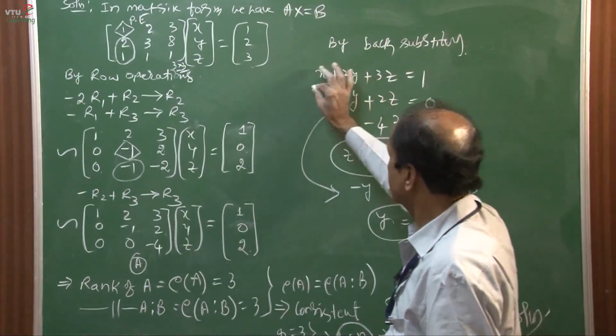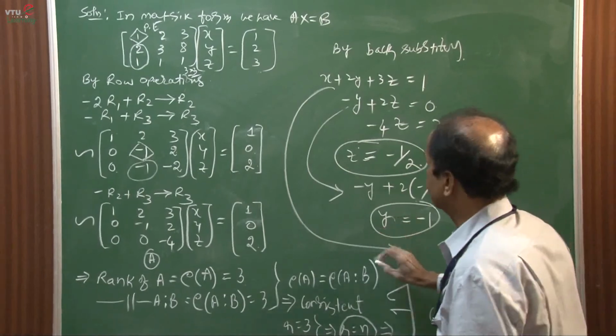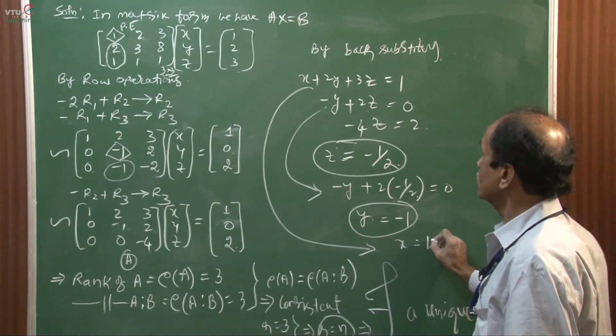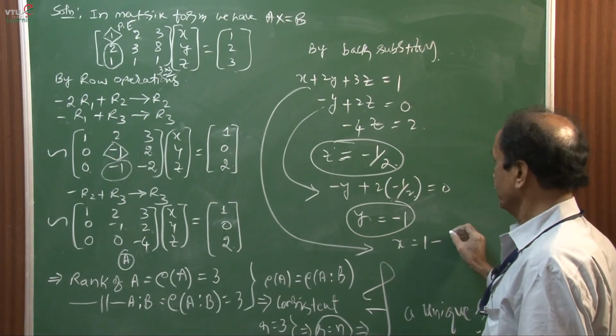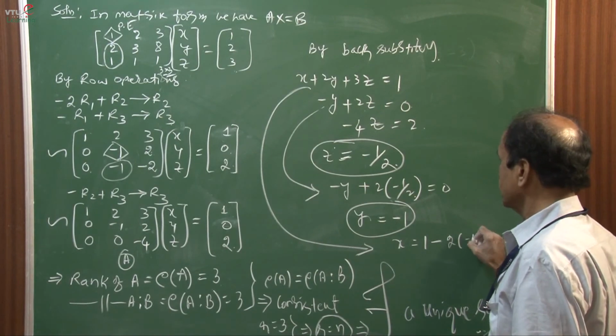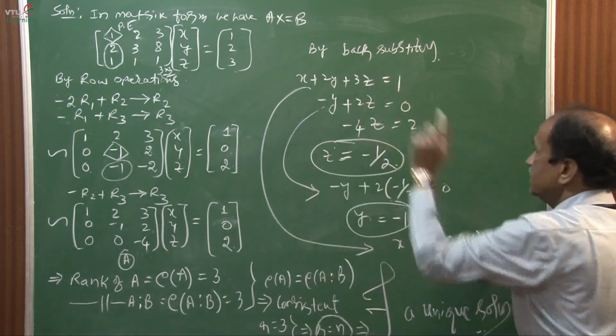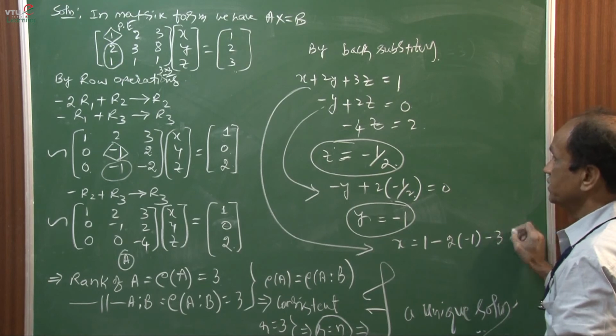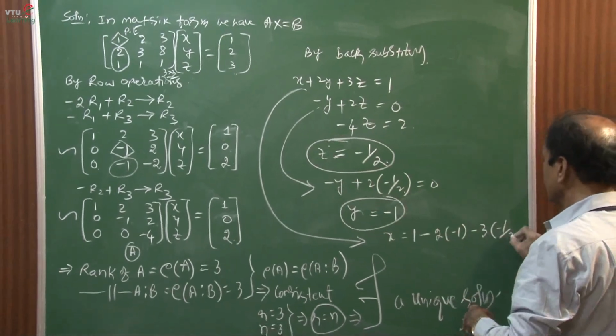then y is equal to minus 1 and z is equal to minus 1 by 2. Then the first equation gives x is equal to 1 minus 2y, 2 into minus 1, and minus 3 into the z value minus 1 by 2.